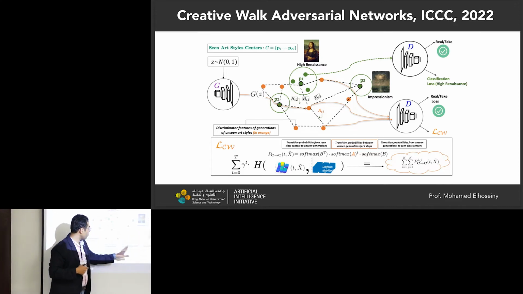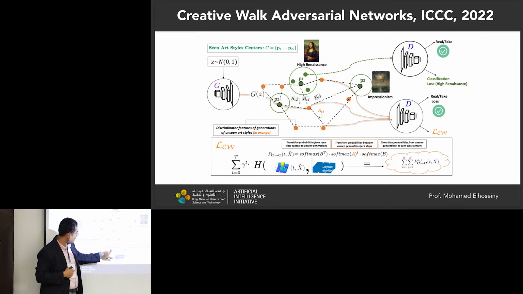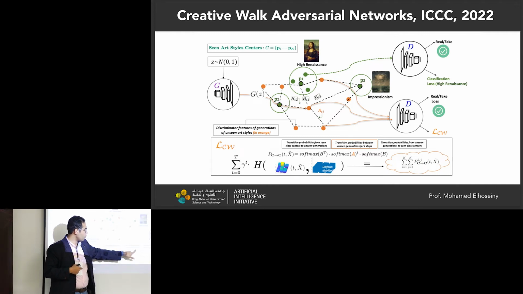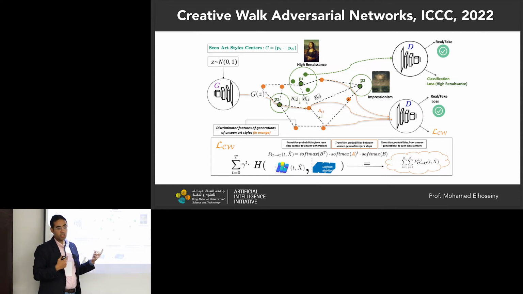So if you work this out, this will be 3 times n, and this will be n times n, and then this will be n times 3. So at the end, this multiplication will be a 3 by 3 matrix. The question is, what does this 3 by 3 matrix mean? Or generally, k by k matrix, because you might have k classes, right? The cell i, j means the probability that you start from class i, go for t time steps through the generated points, and land in class j.